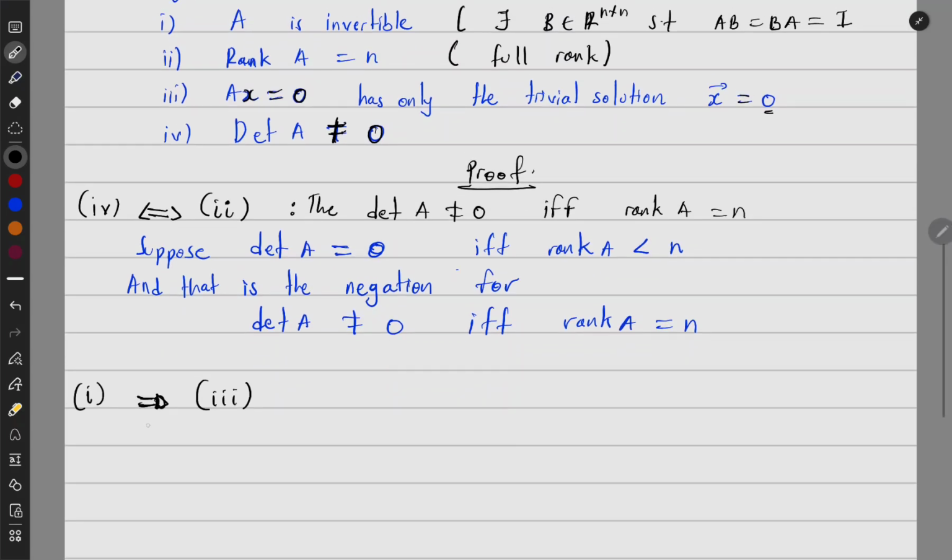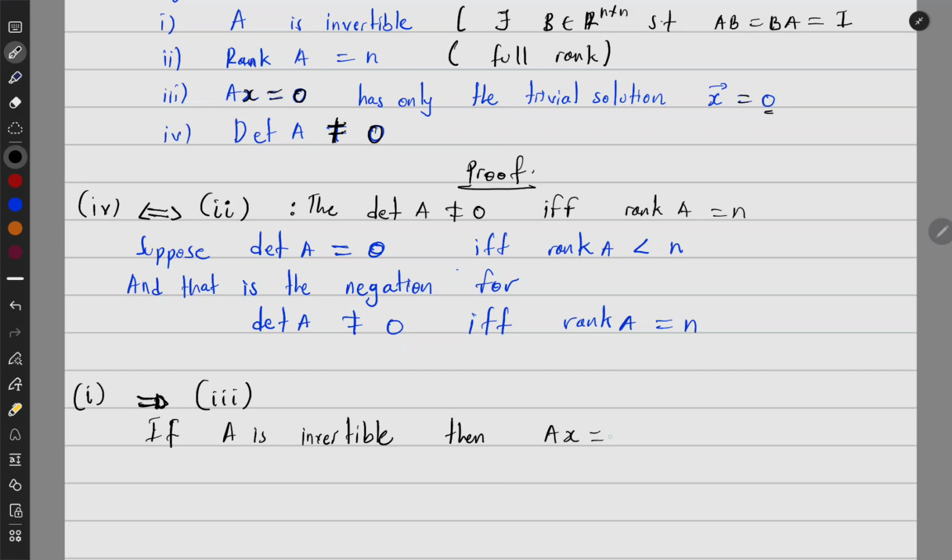It says that if A is invertible, then Roman numeral 3 comes in.